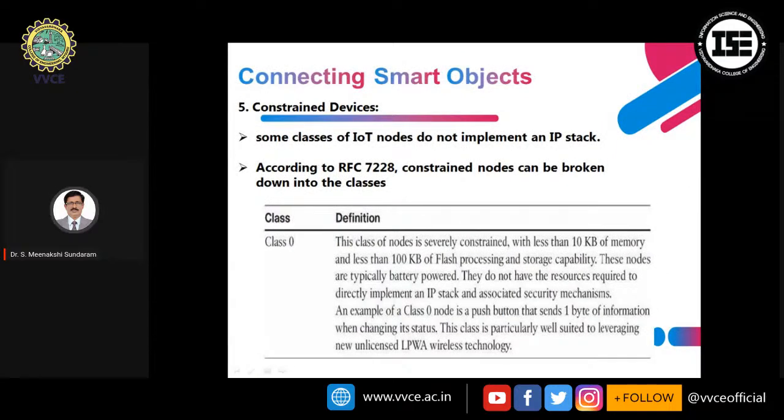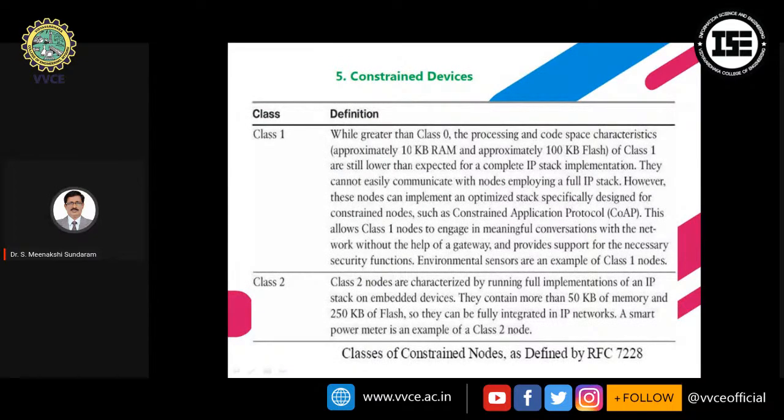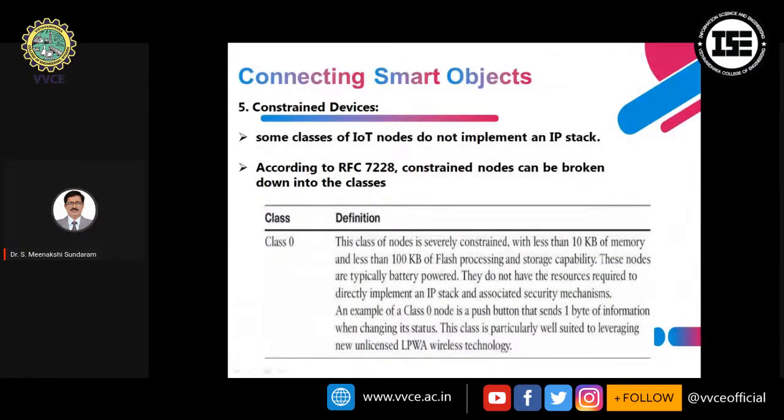So these are the constrained devices, and according to RFC 7228, constrained nodes can be broken down into various classes: class 0, class 1, class 2. So class 0 nodes are severely constrained with less than 10 KB of memory and less than 100 KB of flash processing and storage capability.